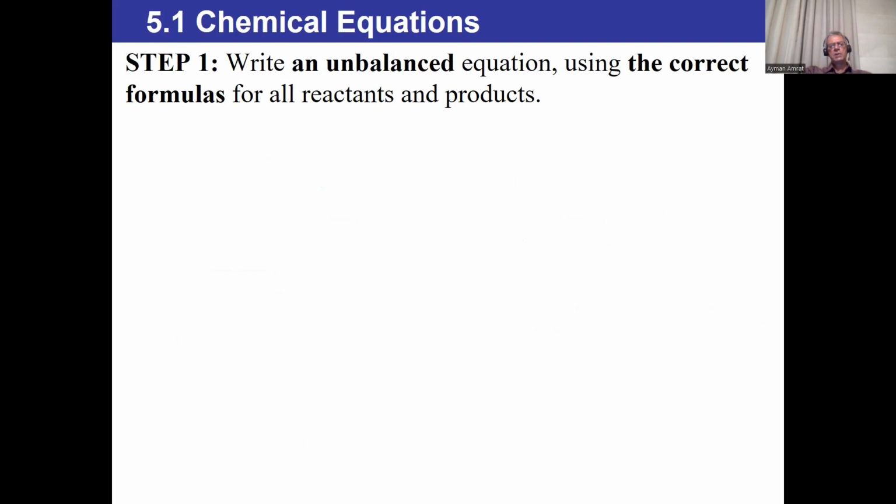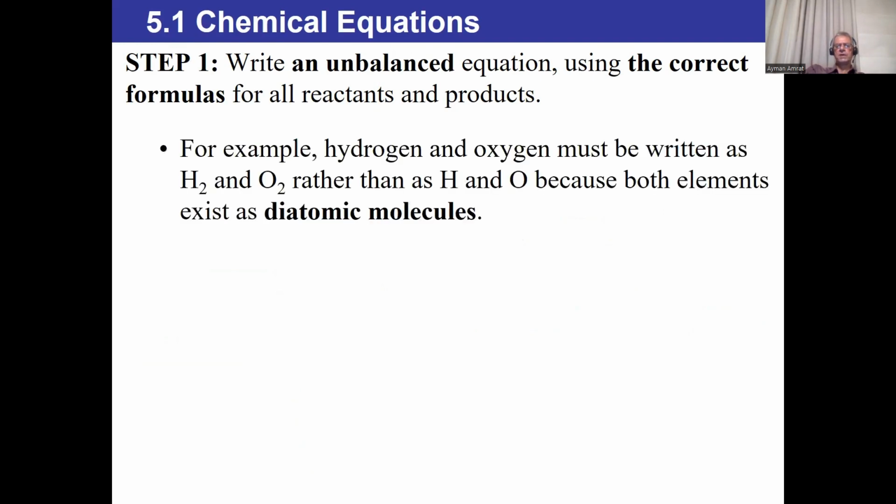Balancing a chemical equation: in the process of balancing an unbalanced equation, first use the correct formulas for all reactants and products. For example, hydrogen and oxygen must be written as H2 and O2.